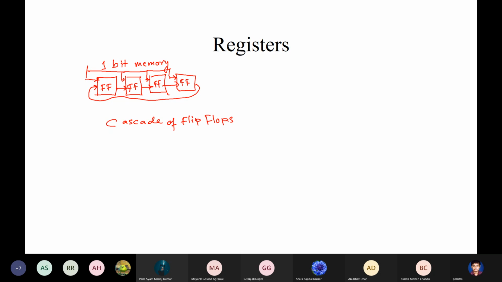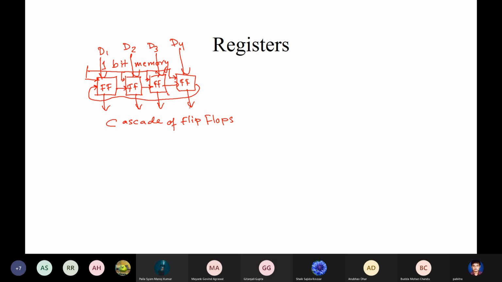Each of these will also have its own data input and output. Besides the clock, there are often other signals like load and write.